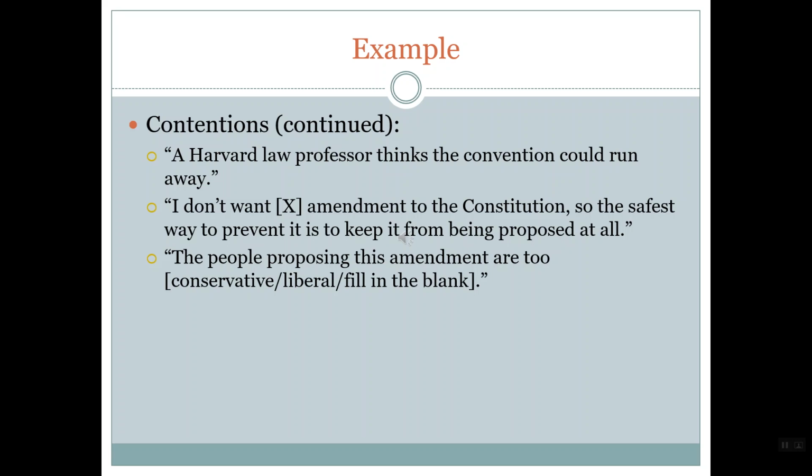And another very common argument that I hear is that the people who are proposing this amendment are fill in the blank, either too conservative, too liberal, too whatever, and therefore we can't trust them, and therefore we shouldn't allow a convention to happen. So at this point, you can take a look at the Contentions and Analysis handout and move on to slide 9, where we're going to start working through that.